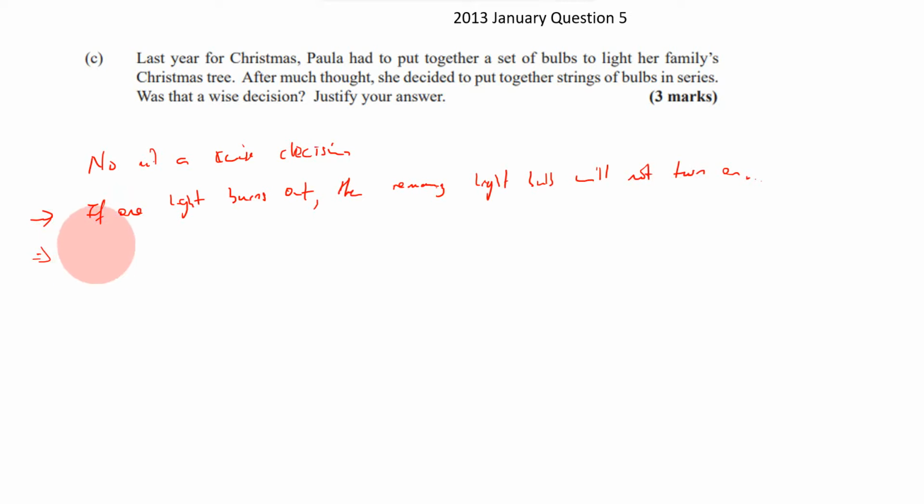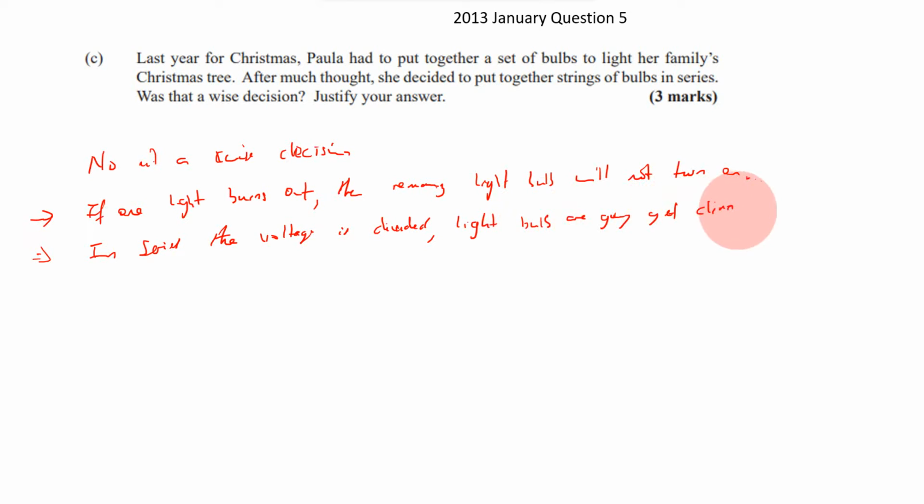Now, also in series, the voltage is divided. Since the voltage is divided, what we have come to realize is that the light bulbs are going to get dimmer, dimmer each across the amount of light bulbs.